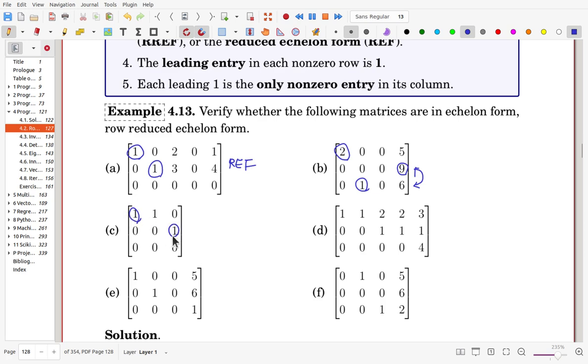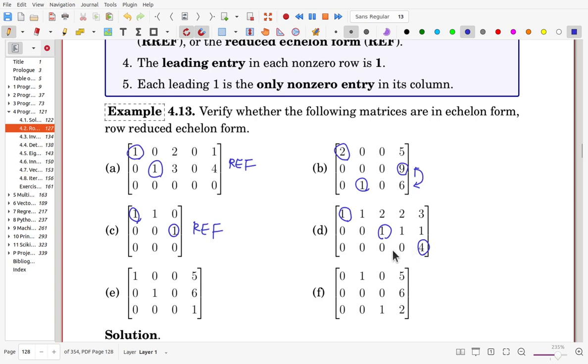They are ones, and except these leading ones, the other values in their columns are 0. So it is a reduced echelon form. Let's see this one. This is a leading entry, leading entry. The leading entry moves down and to the right.